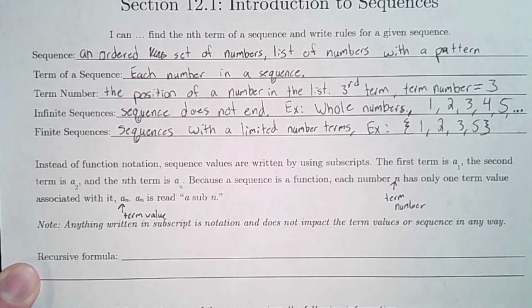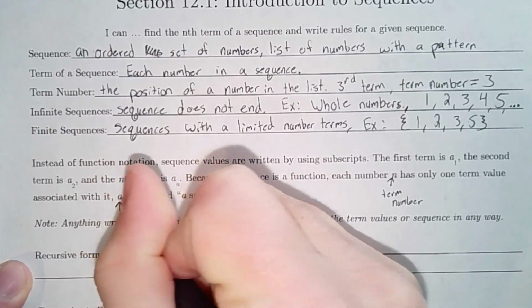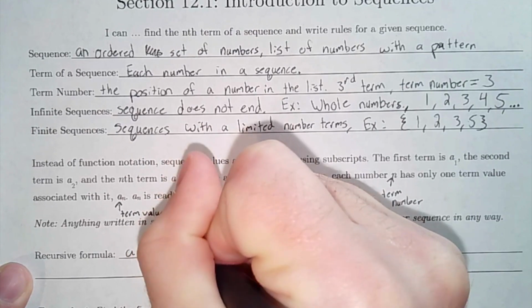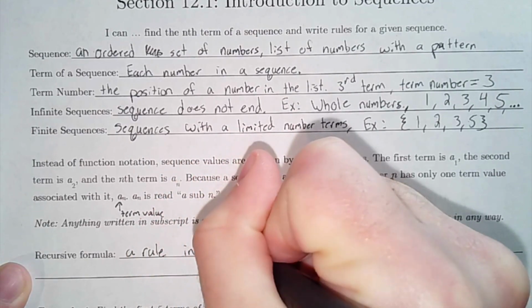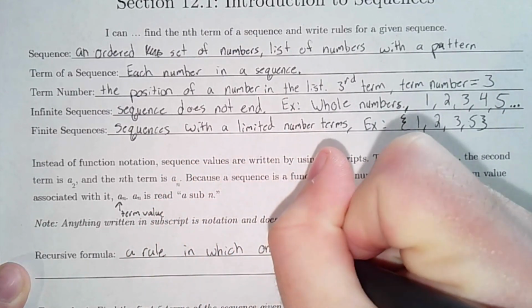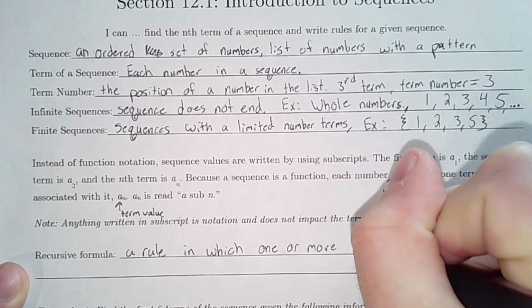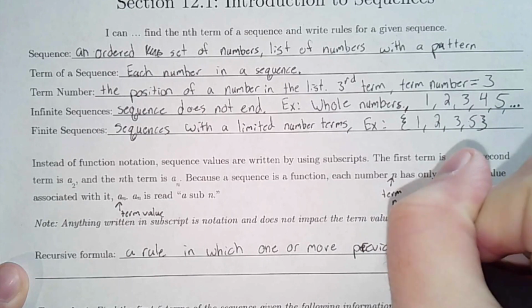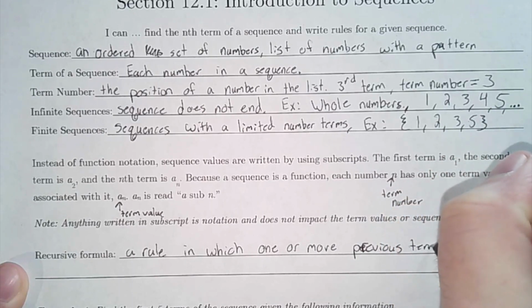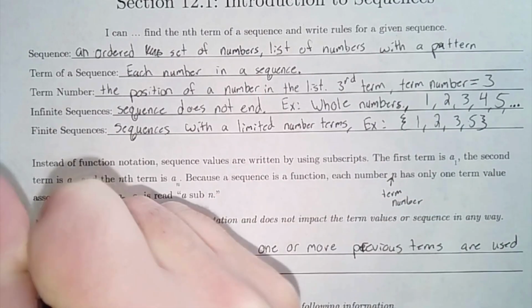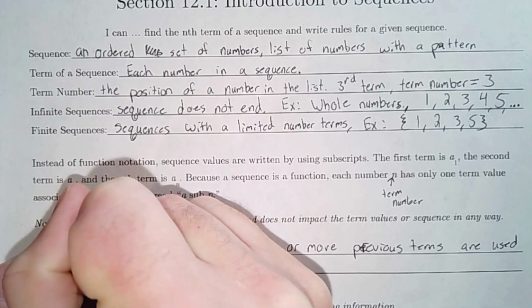They're going to be a rule, or basically a way to figure out the terms of the sequence, in which one or probably more previous terms are used to find the next term.